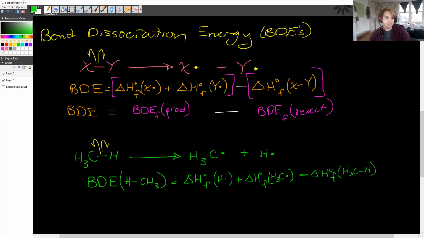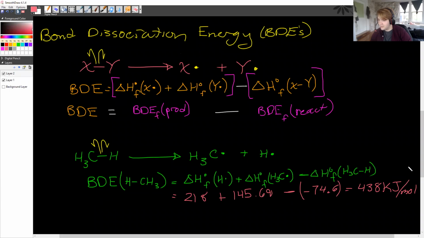Maybe you looked up online that this was 218 kilojoules, that this was 145.69 kilojoules, and that this was negative 74.6 kilojoules. And what you find is that the overall amount is 438 kilojoules per mole. Great.